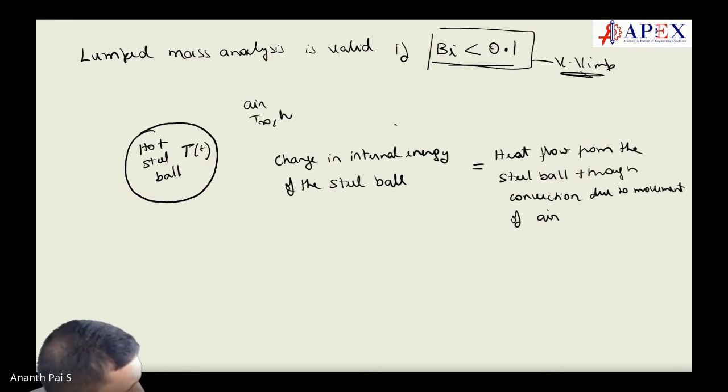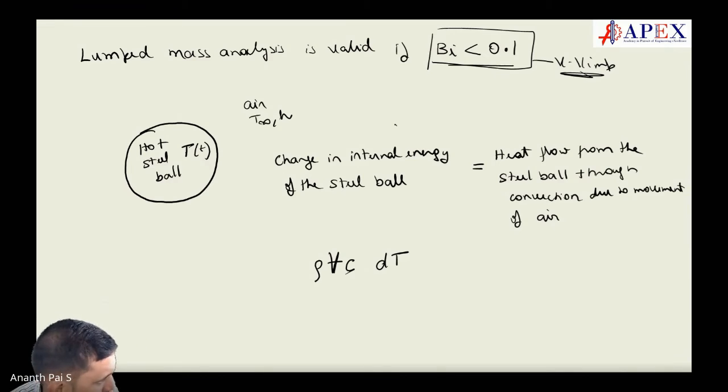Correct. Now change in internal energy can be written as rho, volume, specific heat, and change in temperature.